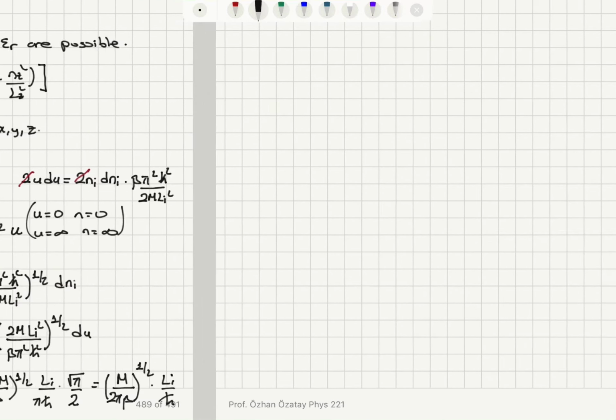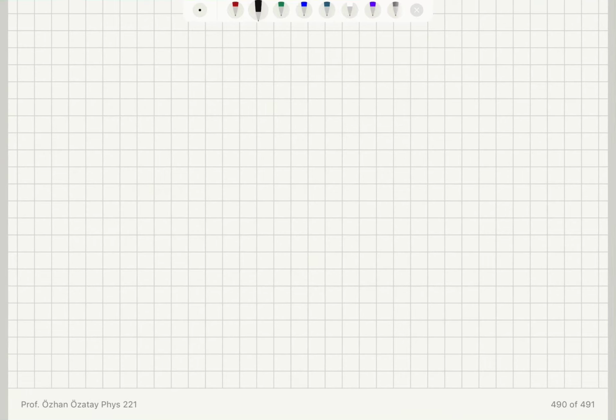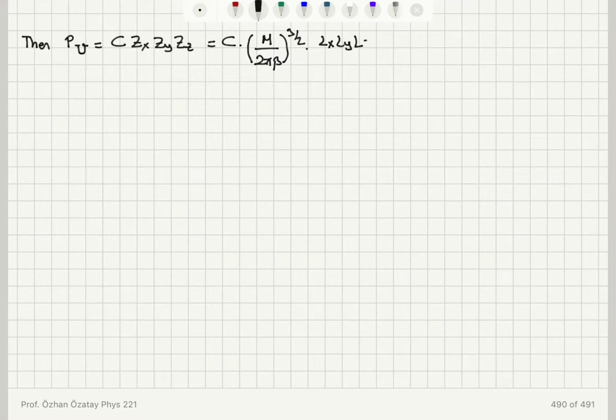Okay, so then I'm ready to calculate the probability of being in the undissociated state. It is C times Zx, Zy, Zz, which will be equal to C times capital M divided by 2 pi beta. Now this will be coming 3 times, so to the power 3 over 2. And for li over h bar, I will have Lx over h bar multiplied with Ly over h bar multiplied with Lz over h bar.